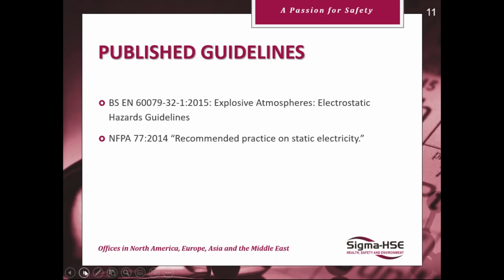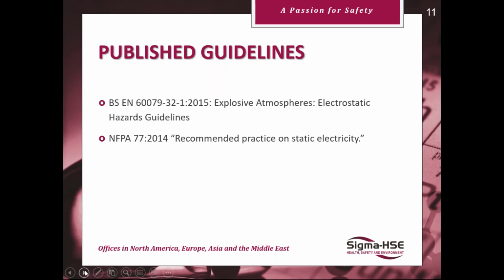If you want to read up a little bit more and you're bored at night and you want some reading, then you can read BS EN 60079-32-1:2015. This is the Electrostatic Bible in the EU. It looks at explosive atmospheres, electrostatic hazards guidelines, and it will tell you everything you want to know about electrostatics and how to deal with them.